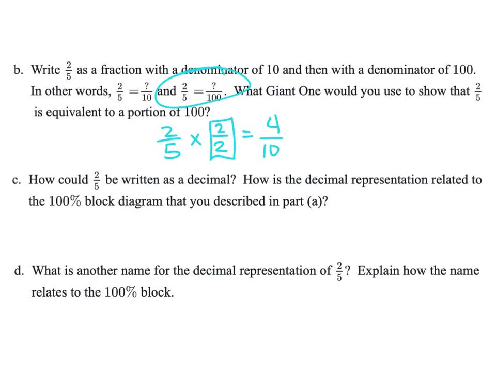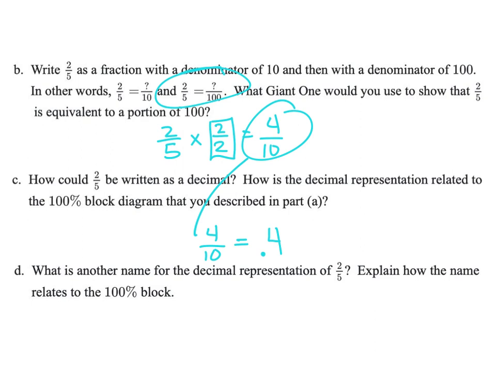It says, how could 2 out of 5 be written as a decimal? How is the decimal representation related to the 100% block diagram that you described in part A? All right, so we can do it 2 different ways. So we can use this 4/10, 4 out of 10. But if we say it 4/10, we can write 4/10.